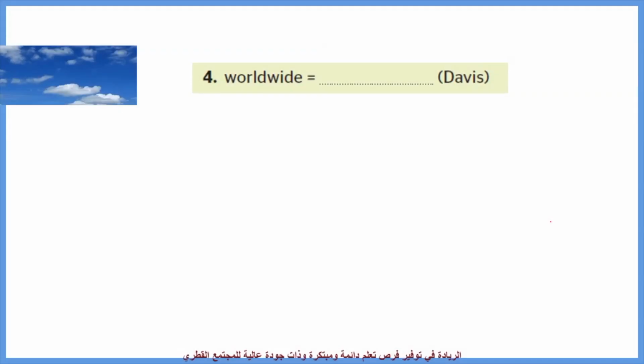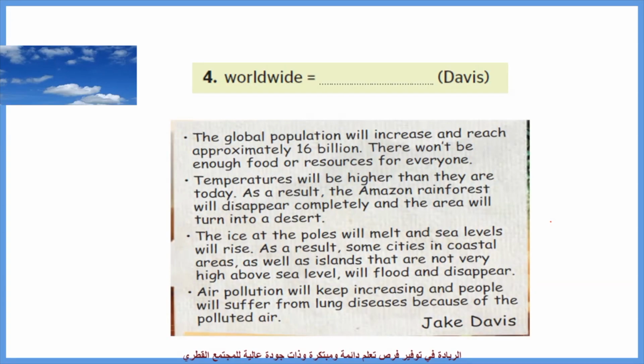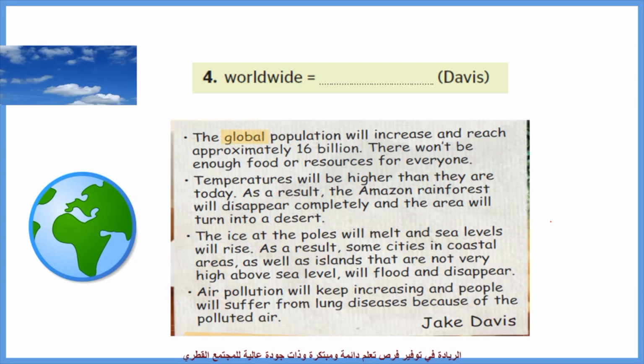Number 4, worldwide. Here the answer is in Davis's part of the passage. Worldwide means something that we can find all around the world. Same meaning as global. The global population will increase. It means the people living around all of the world.